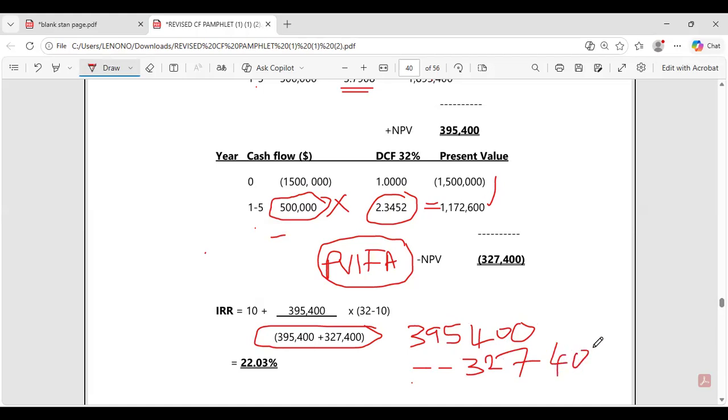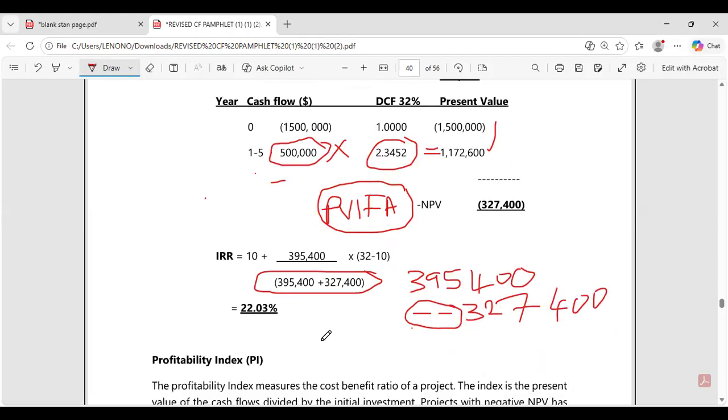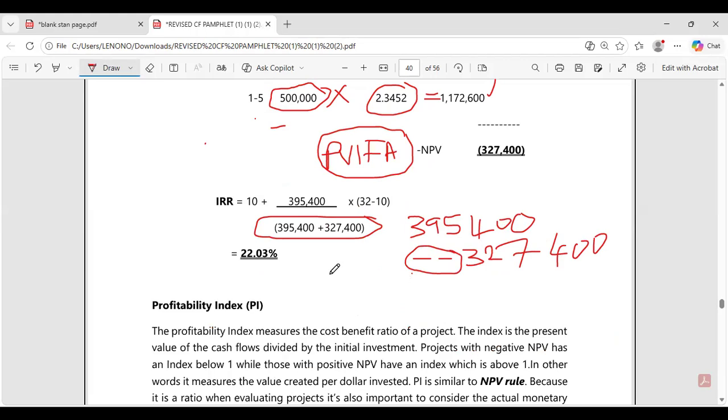So you get the internal rate of return of 22.03%, which is greater than 10%. So accept the project if the internal rate of return is greater than the cost of capital.